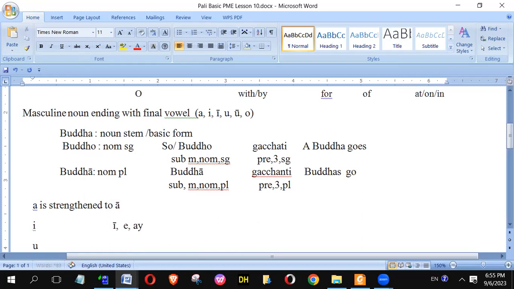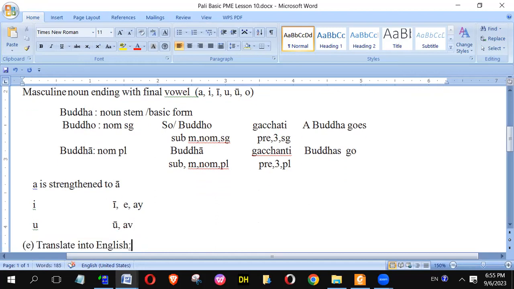U sometimes becomes O, or AV. Okay, so if you can remember this formula, then it's very easy for you to remember why Muni can become Munayo, with the AY, and then you put the O here, Munayo.